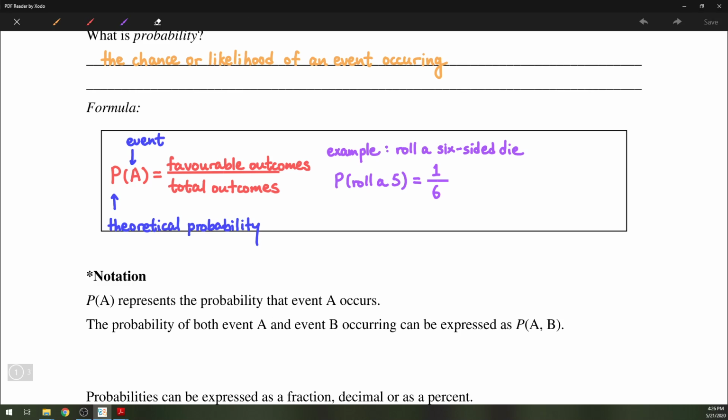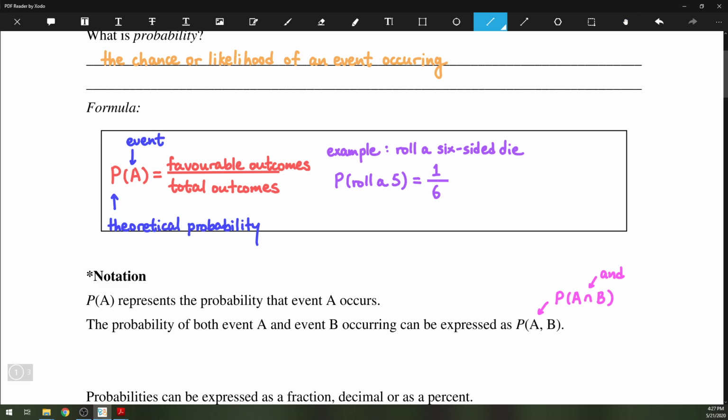So, just a quick note, if you have multiple events, then let's say you have an event A and an event B, then the probability of both of them occurring at the same time is usually expressed as probability of A and then the and symbol B. And this is the and symbol here. So the only reason why I write this here is because this is in the book. Okay, but usually we tend to use the notation to the right, this one right here.